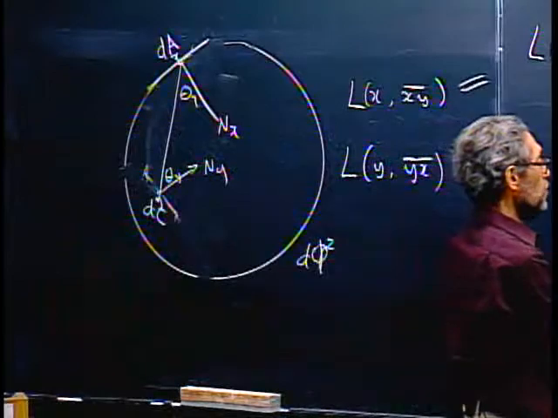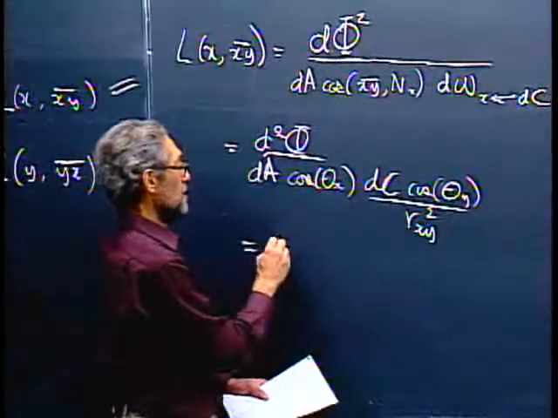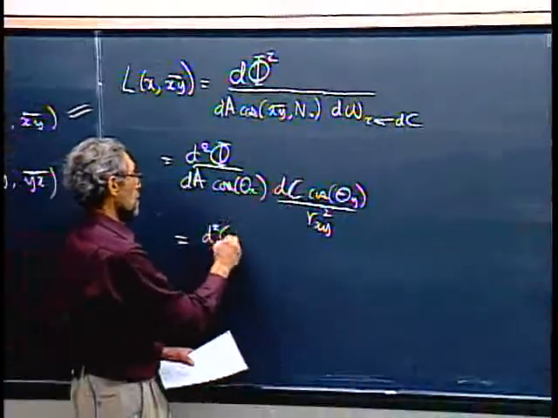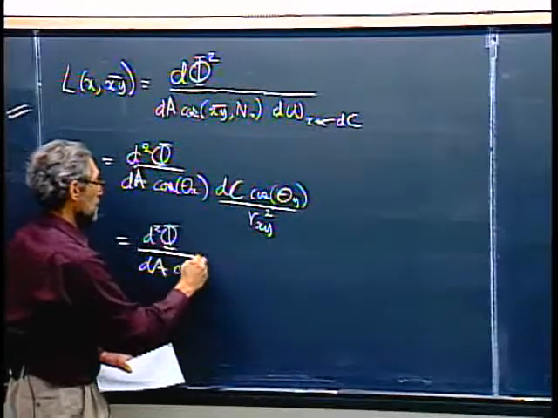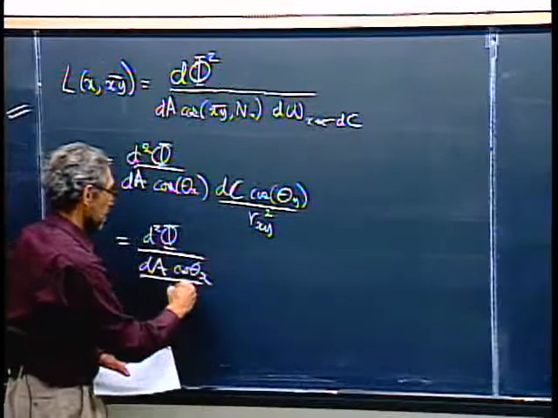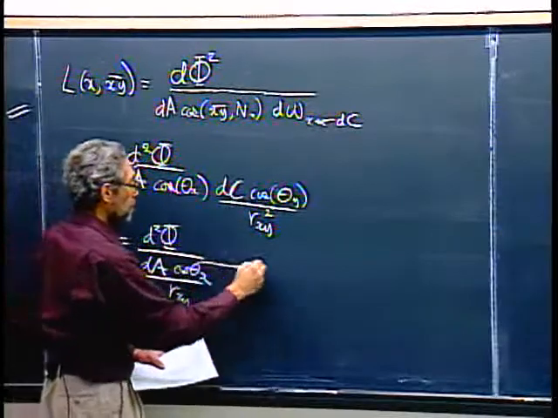All I have to do is move the r_xy to the other side and put it under the dA cosine theta x, because they're all being multiplied together.